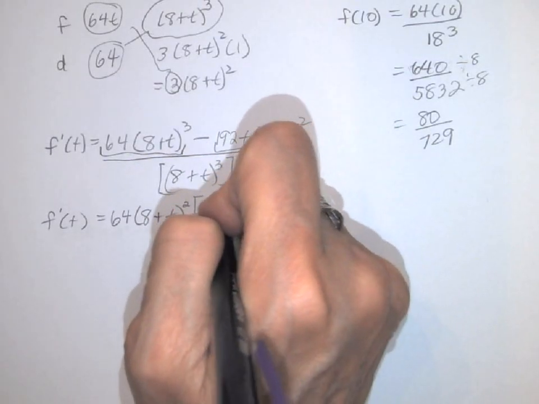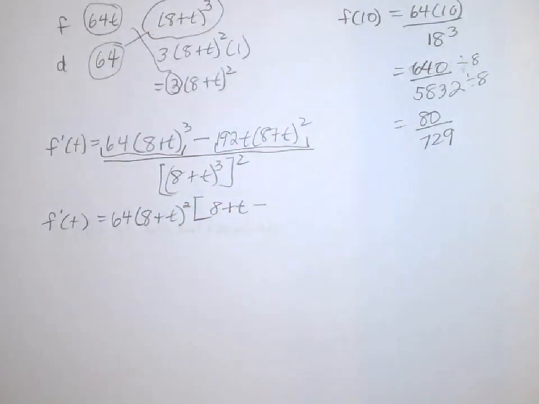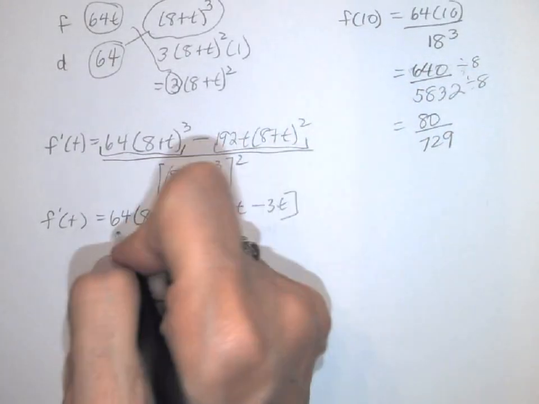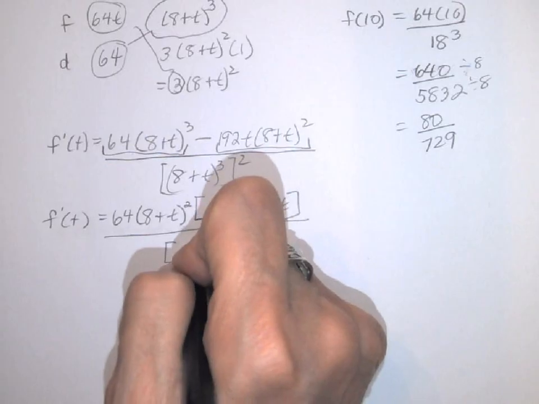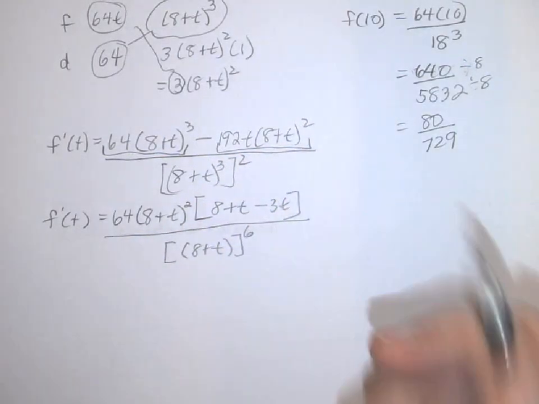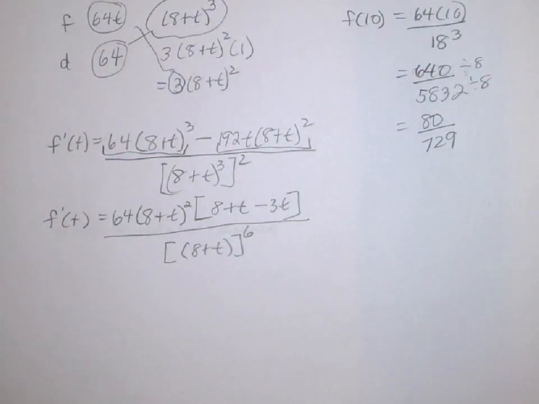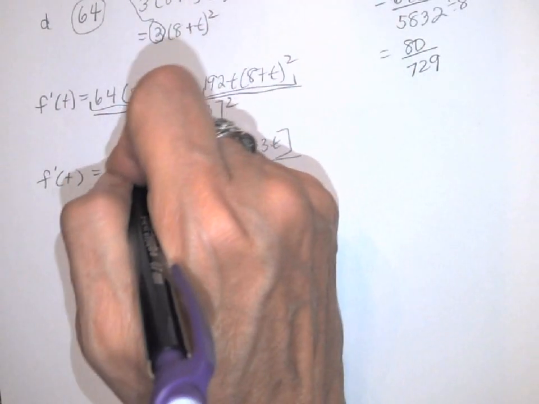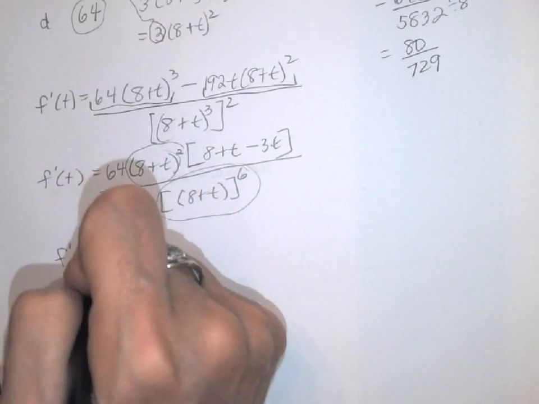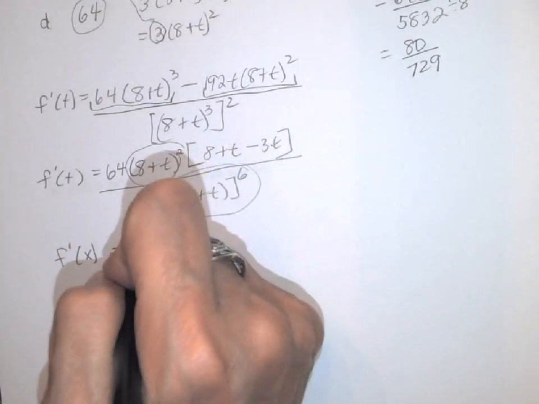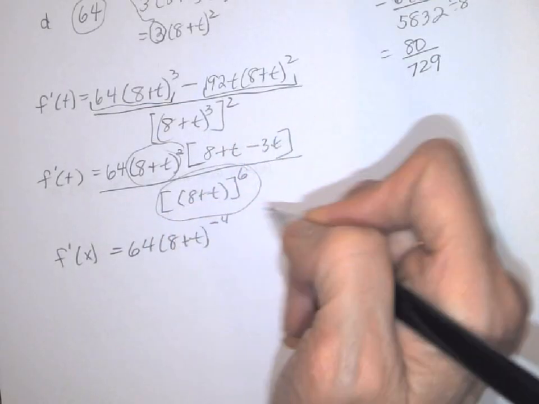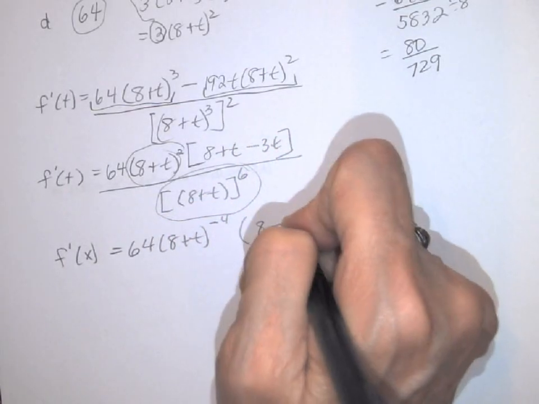So that's going to give me 8 plus t minus 3t, all over 8 plus t, all to the power of 6. And then these 2 and these 6 can be divided because they have the same base. So I've got f prime at t equals 64 times 8 plus t to the negative 4 times 8 minus 2t.